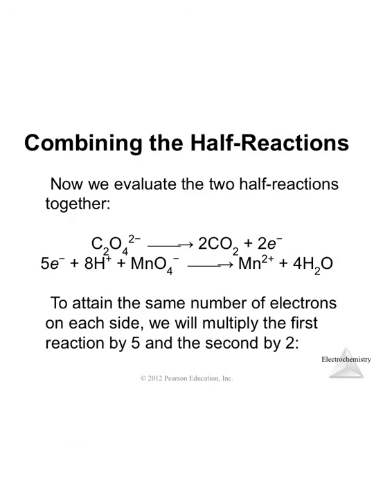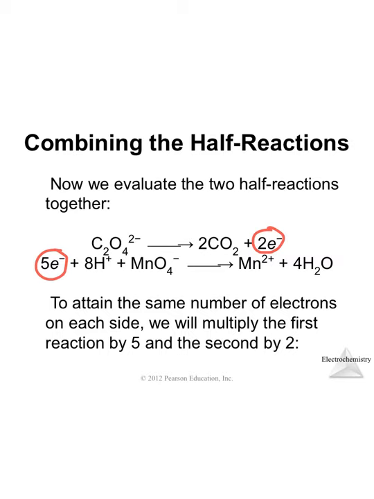Okay, so now we're going to put them together. And we're going to add them up just like we do Hess's law, cancel anything that cancels. Now, we know that in a balanced equation, we don't actually have any electrons. So before we can add these together, we need to make it so that our electrons cancel out. So right now I have 2 on the product side and 5 on the reactant side.